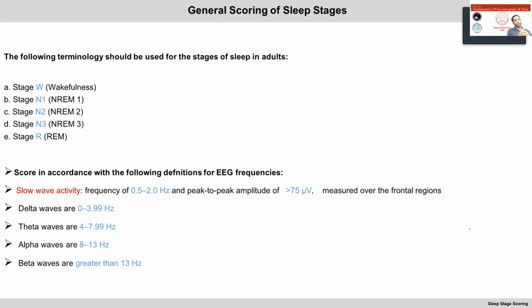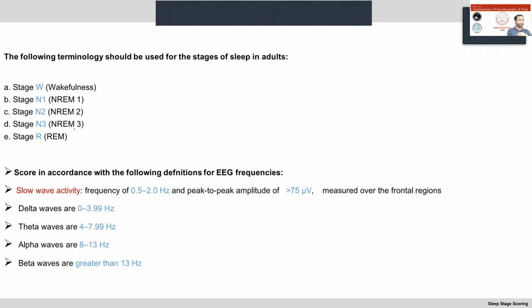In the Rechtschaffen and Kales scale they were separate, but according to AASM, non-REM 3 plus 4 are the same now and are called one stage, N3. REM stage is called stage R.